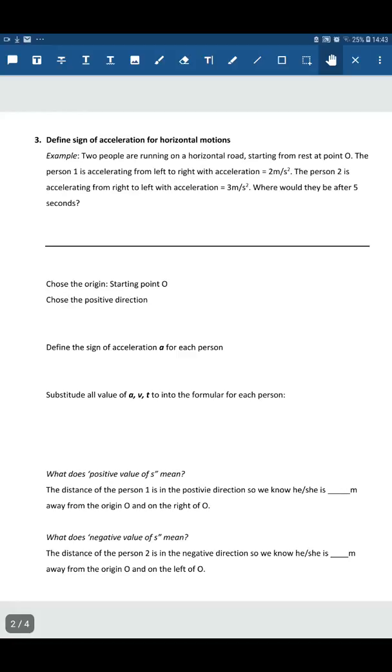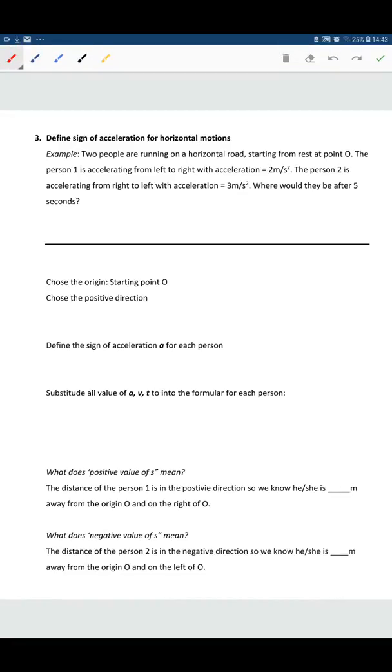We use this principle to define the sign of acceleration for horizontal motions, and after that we use the same principle to define the sign of a for vertical motions. Now look at the horizontal motion first.